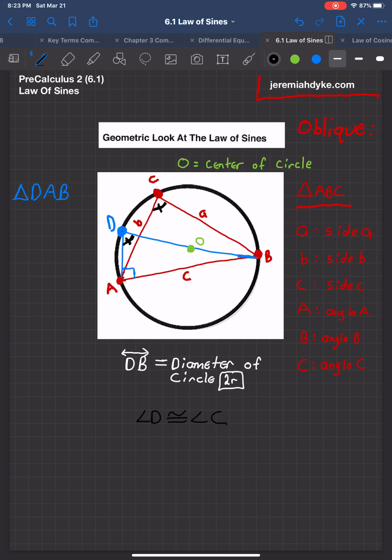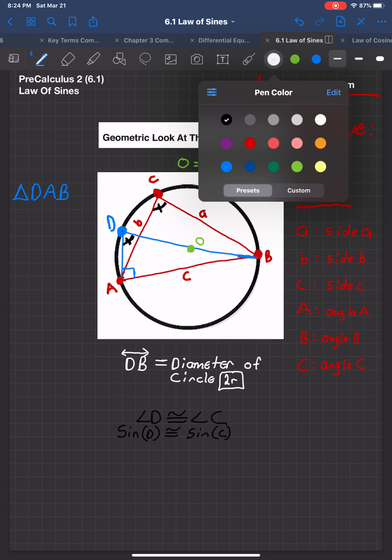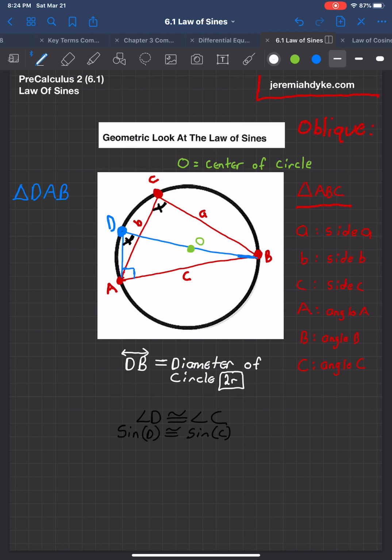But if you will just allow me to say that angle D is congruent to angle C, then that would mean, of course, that sine of angle D is equal to sine of angle C. All right, so a couple statements out of the way, and now I'm going to get us to where we need to be.